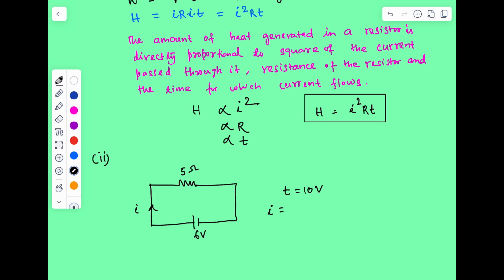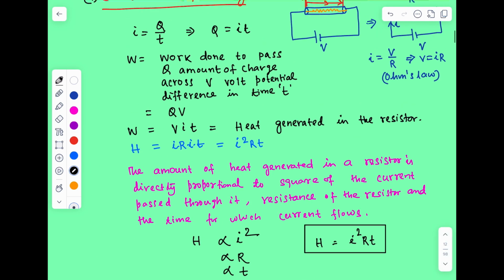So now current I is equal to V by R, 6 by 5, that is equal to 1.2 ampere.